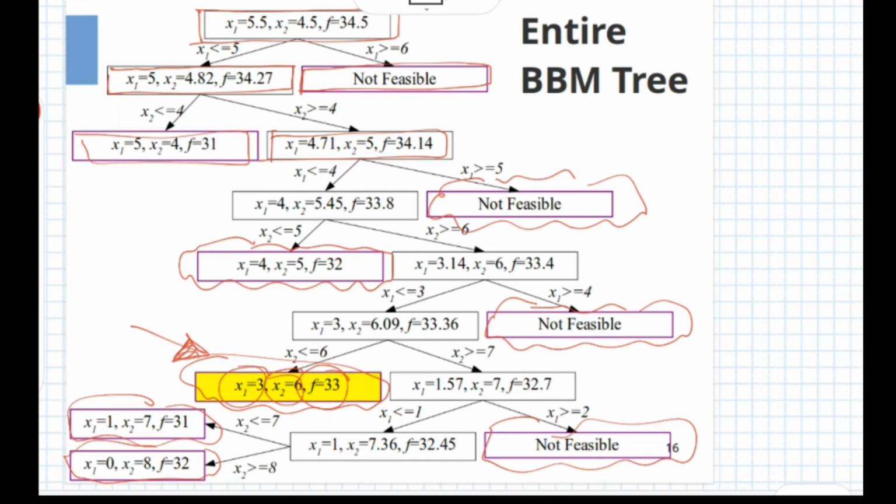Remember that this is a maximization problem, and hence the solution to this problem is x1 equal to 3 and x2 equal to 6, and the corresponding maximum value of the objective function is 33. So in this sense, the BBM method can be applied to solving a linear integer programming problem. Next we'll see how this method can be applied to a non-linear integer programming problem.